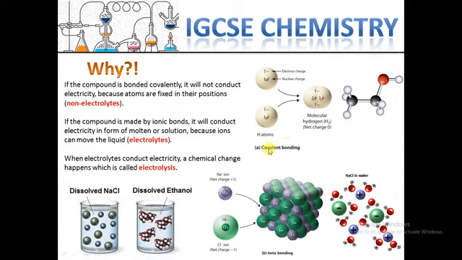We learned before that covalent bonding is sharing electrons between atoms, making a very strong bond, and the atoms just vibrate in their positions; they do not move a lot.